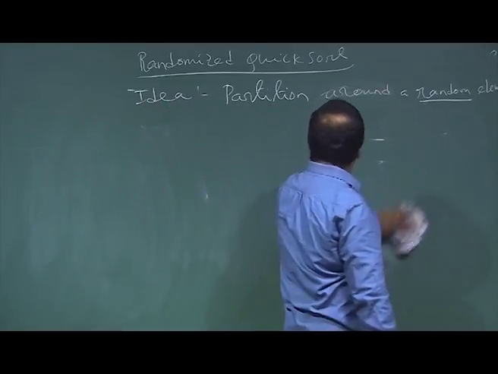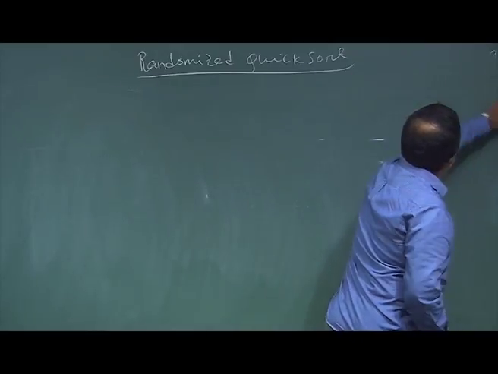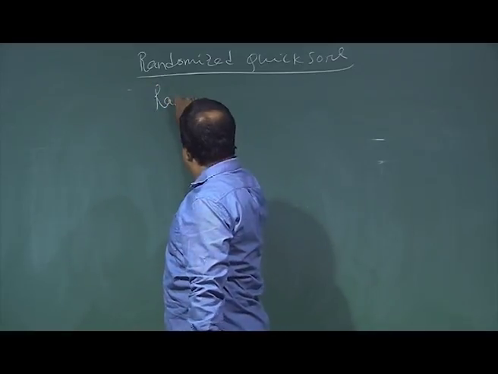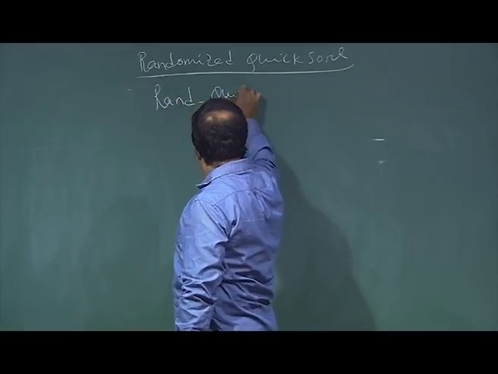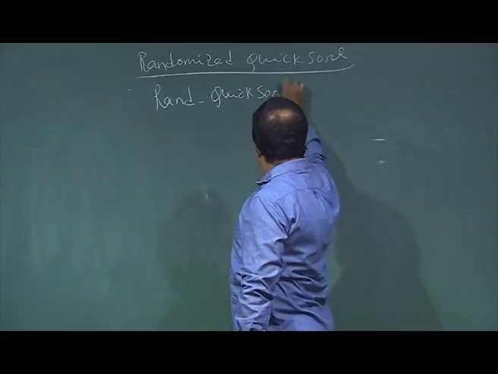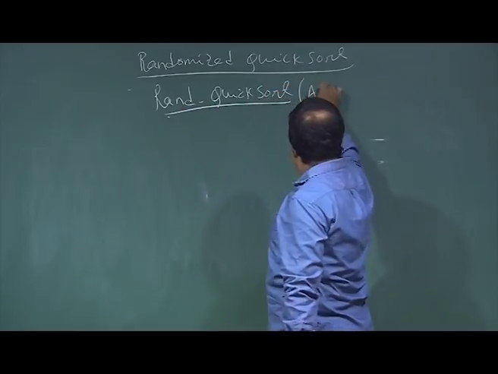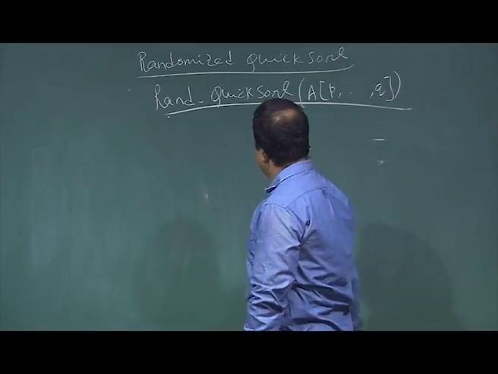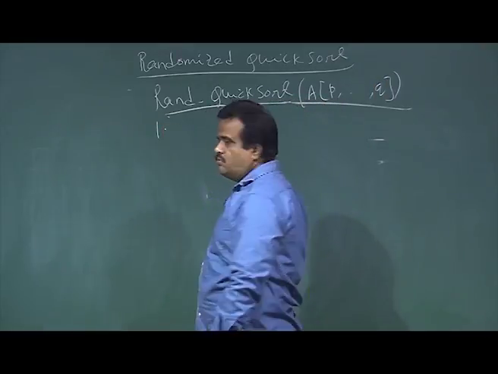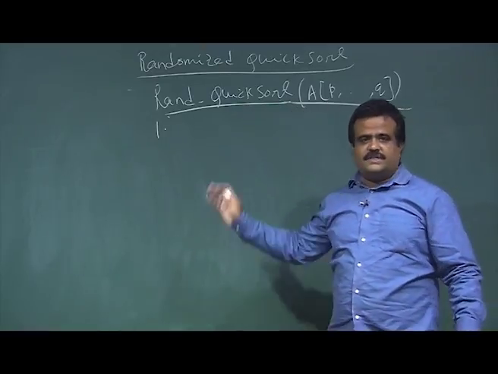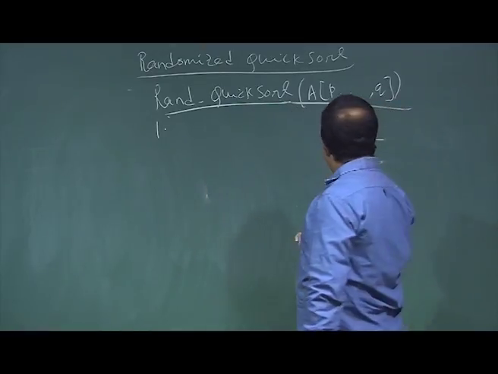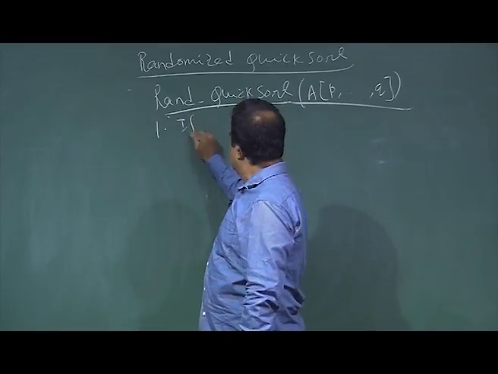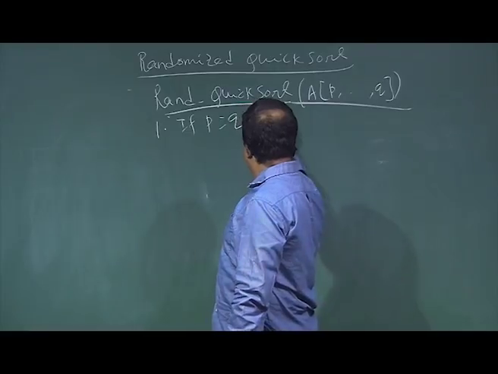So we can just write the code for that. Quickly write the code, rand quick sort, from p to q. The earlier version of quick sort had AP as the pivot element, but here we again have the initial condition: if p is equal to q, then done.